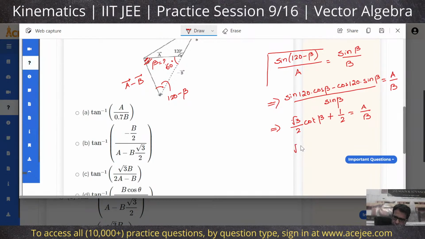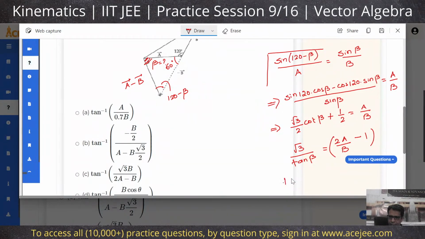So what do we get? Root 3. The answer is in tan. So I'm going to bring it in tan. This is 2a by b minus 1, so 2a minus b by b.